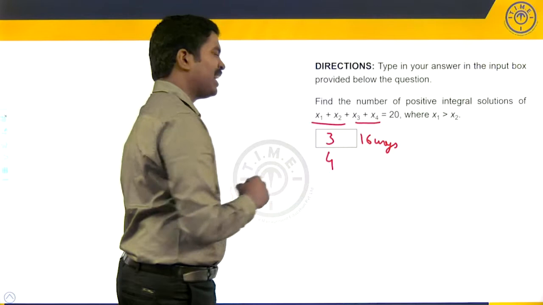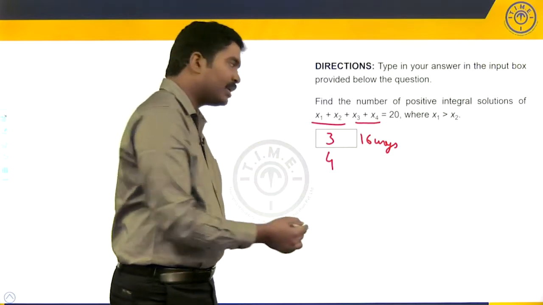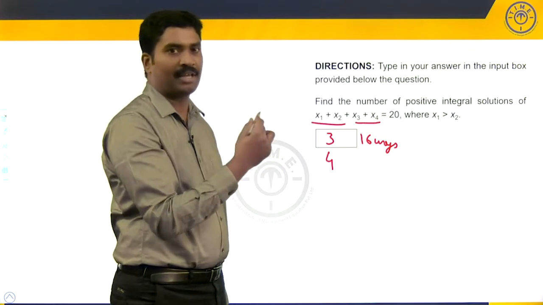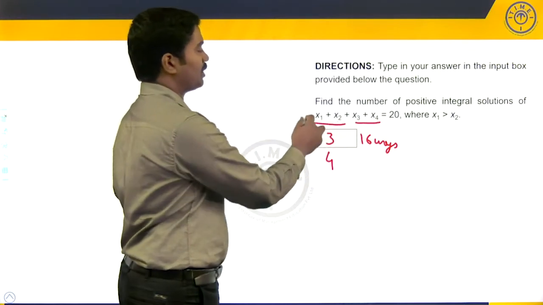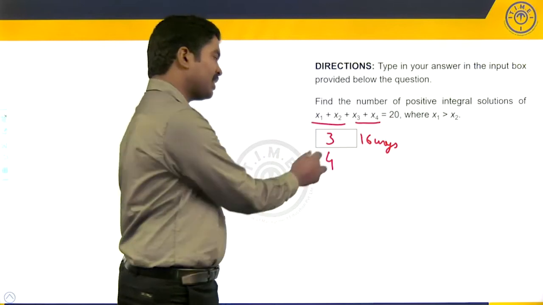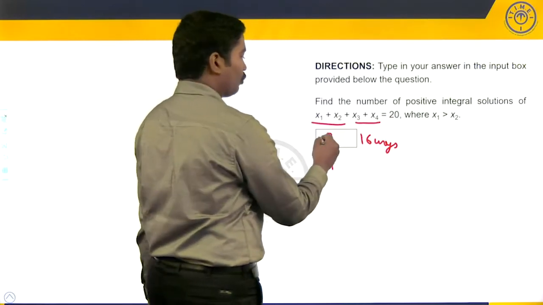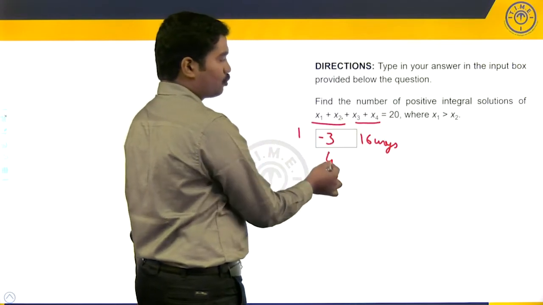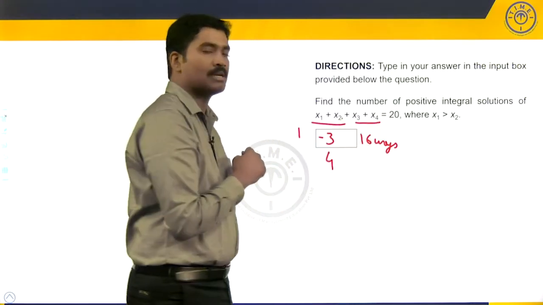Now, x2 will have to be at least 1. Can it be 2? If x2 is 2, this will also be 2. They will be equal, but no, x1 has to be greater than x2. So, x2 can only be 1 and x1 can only be 3. So, even if it is 4, this can be done in only one way, and this x1 and x2 together are 4, that leaves 16 here, correct?